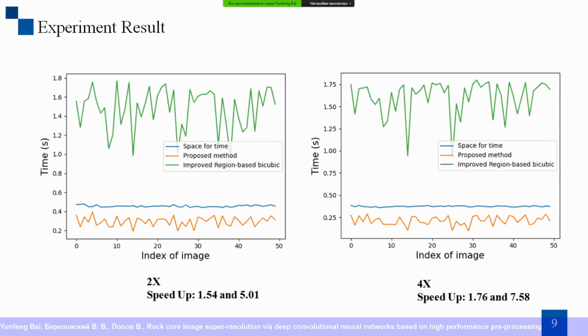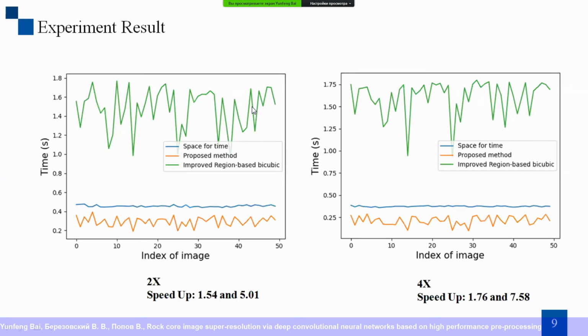And when the images are increased by 2, we found that this is the time we need for our proposed method. This is the space for time strategy, which we have talked about in the second algorithm.